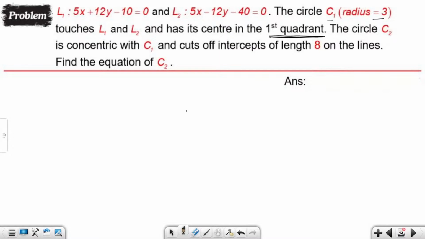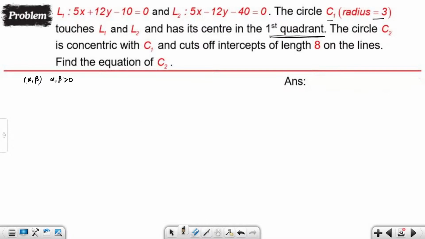What do you mean by that? It means that if alpha beta is the coordinate of the center, both alpha and beta are greater than 0. Now the circle C2 is concentric with C1 and cuts off intercepts of length 8 on the lines. Find the equation of C2.